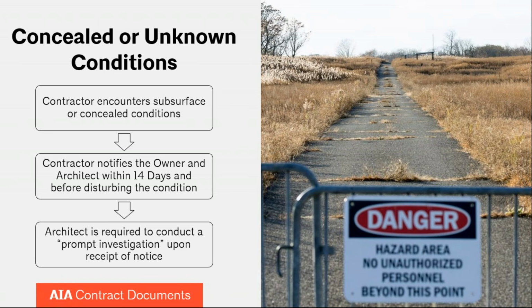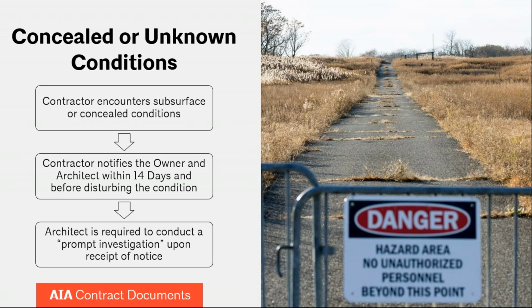So the A201 does take that into consideration and has a very thorough procedure that the parties are supposed to follow if they find something that is unknown. Most projects are going to have some level of geotechnical engineering, land surveying. So it's not that you don't know anything about the subsurface conditions or unknown conditions.